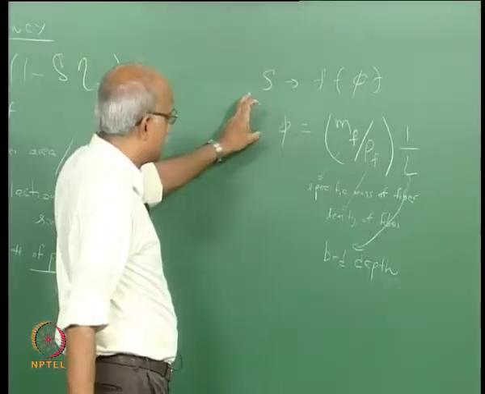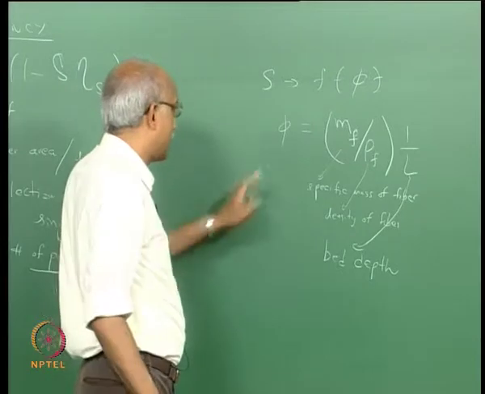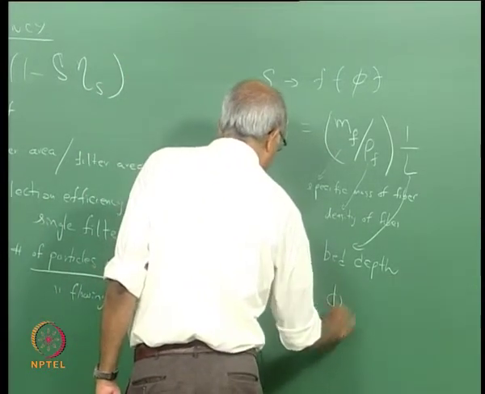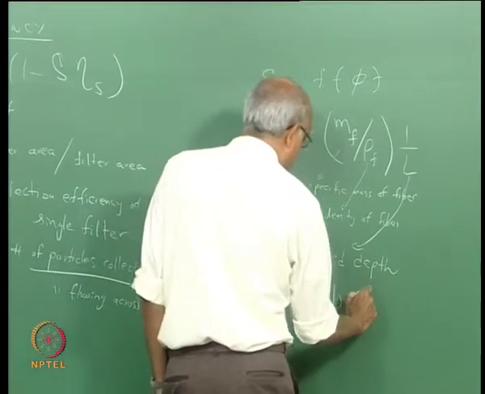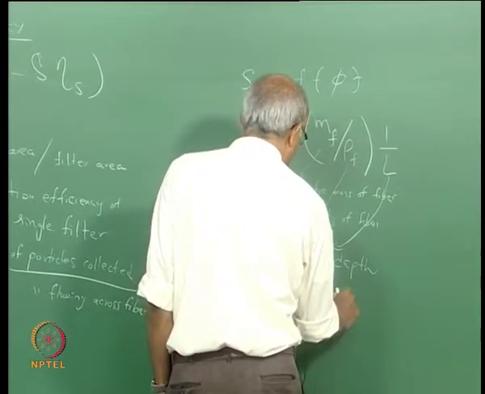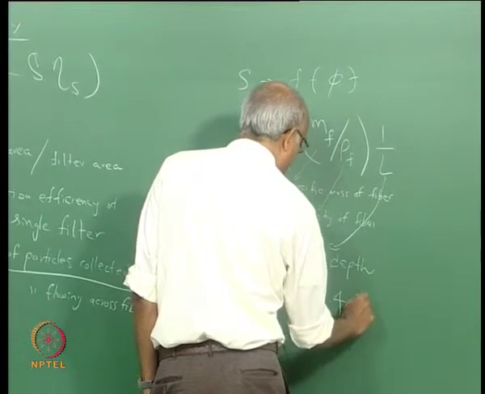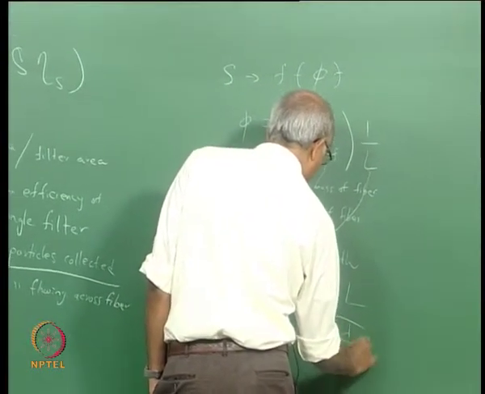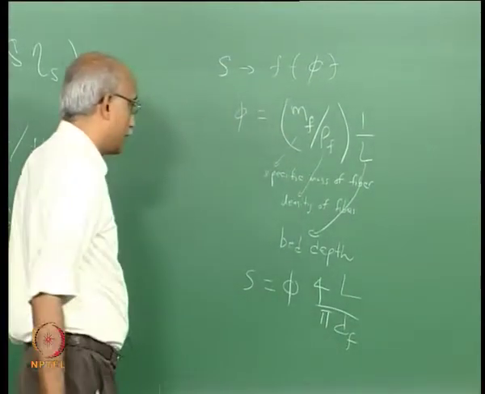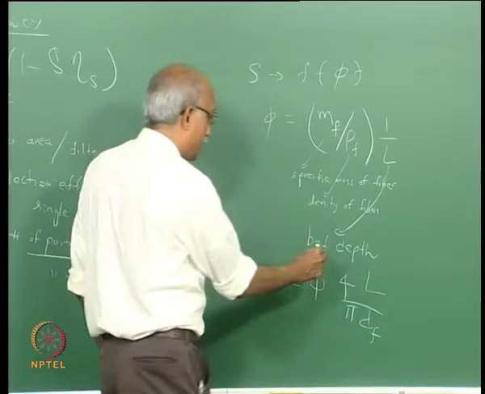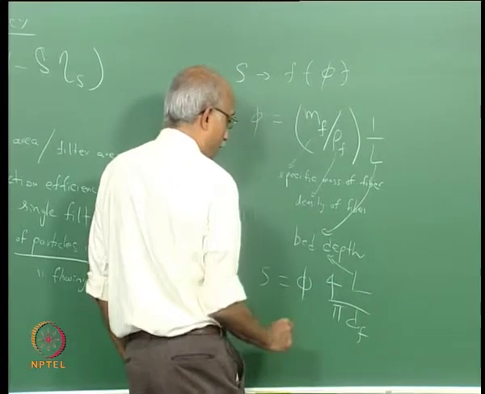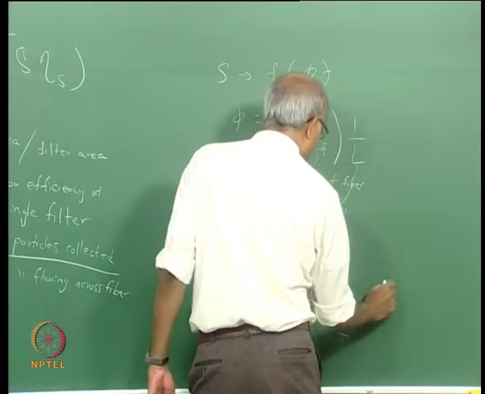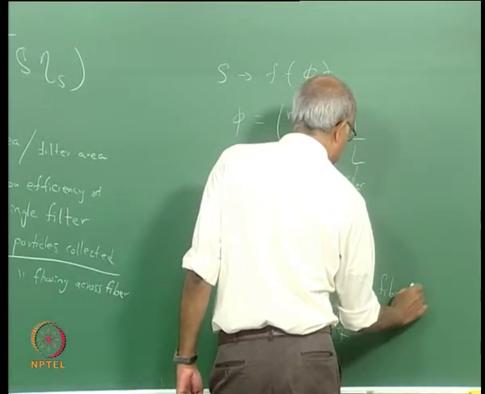So, when you relate S and the solids fraction, the expression essentially goes like this: S equals 4 times the solids fraction times L over pi df, where L again is the depth of the bed and df is the fiber diameter.